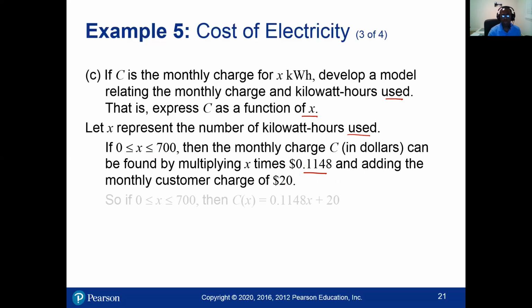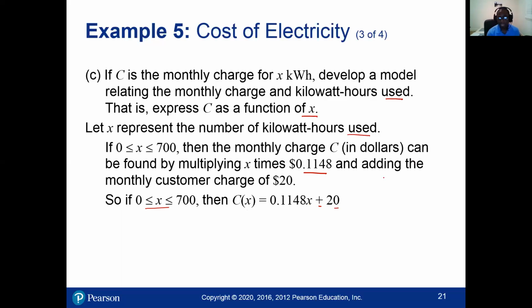How do we express that? For X between 0 and 700, C of X is 0.1148 times X plus 20. What is the charge when it exceeds 700?